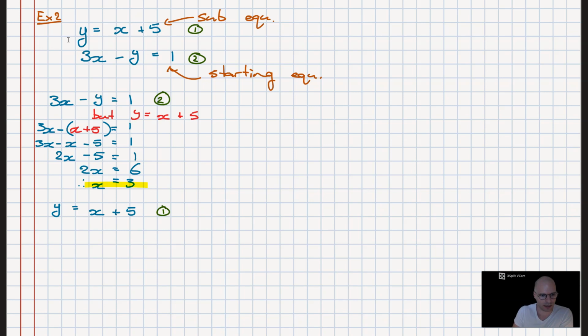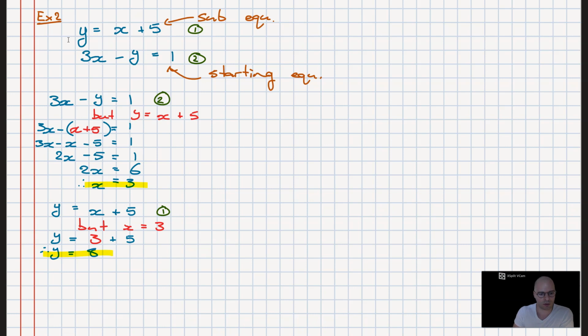Then we're going to say but x equals 3. Therefore, whenever we see the value of x, we replace it with 3. Plus 5, still y. Evaluating, y is equal to 8.